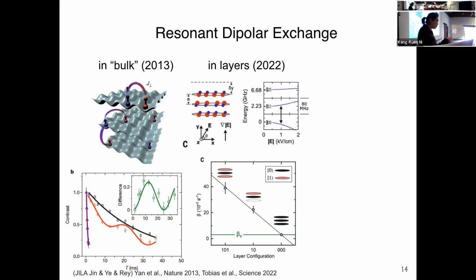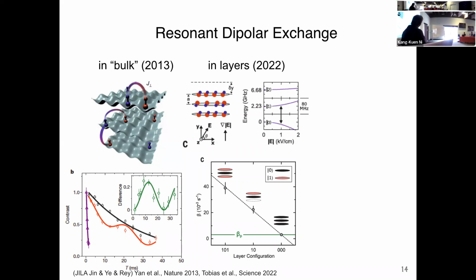The control continued to improve in the JILA experiment. In their second generation apparatus, they had very fine electric field control, so they can turn on an electric field gradient such that they can address particular layers and prepare them in particular states, for example, rotational 1 here and rotational 0 here, 0 there, and then they can see, as shown in this picture, that the dipole interaction between layers can change.